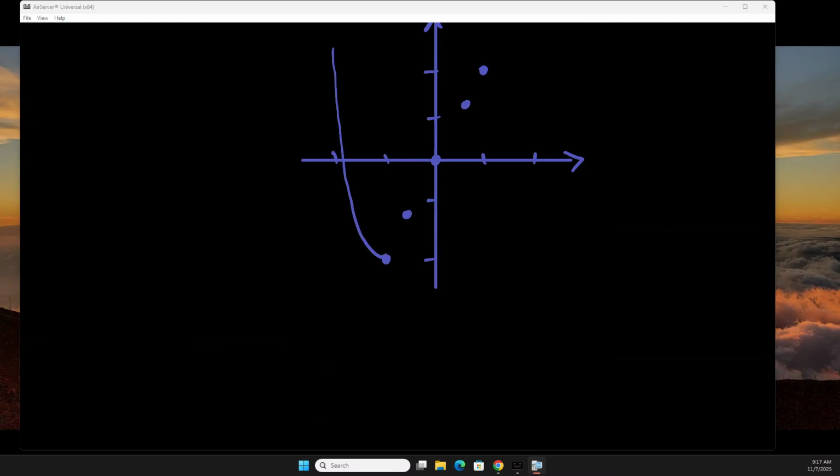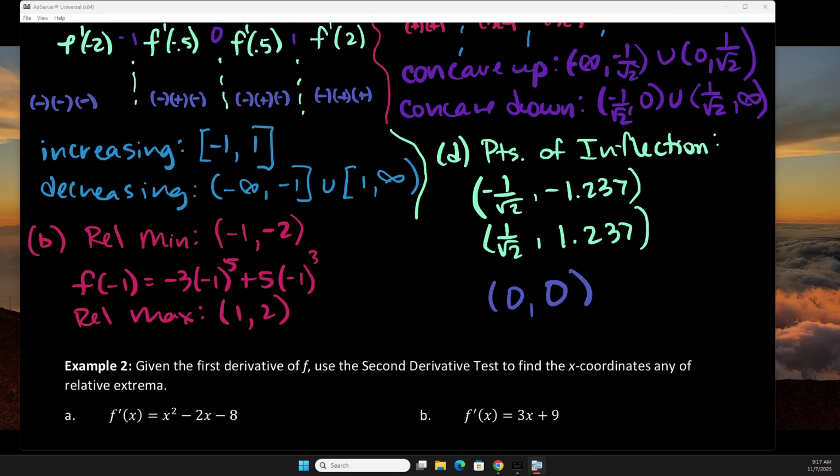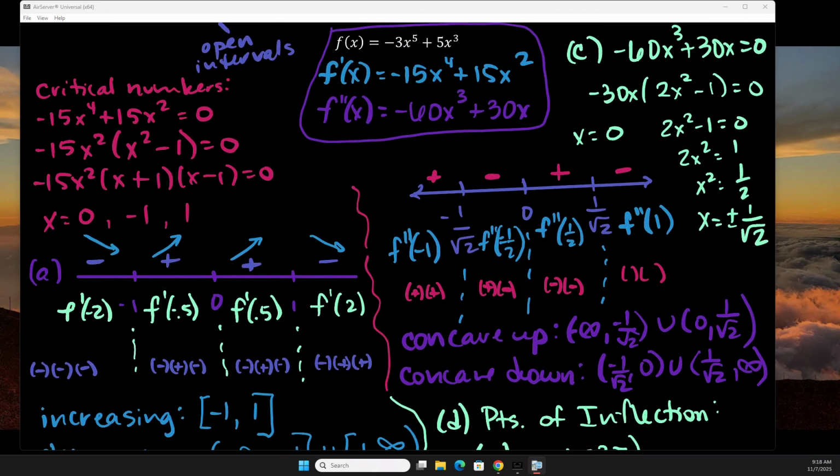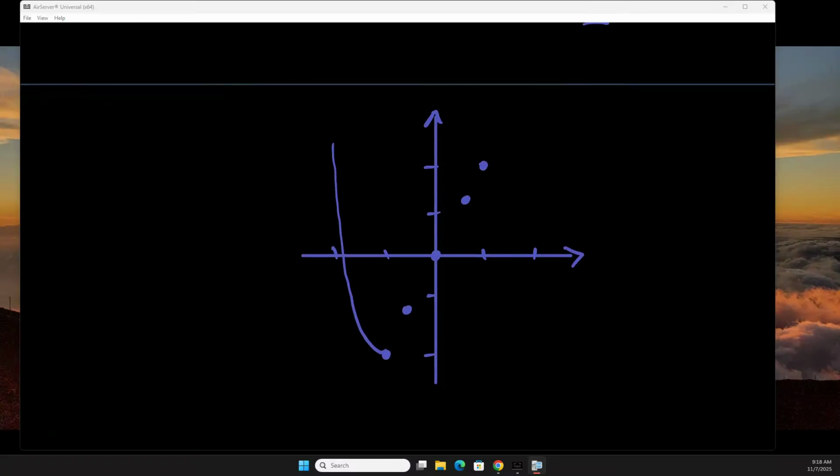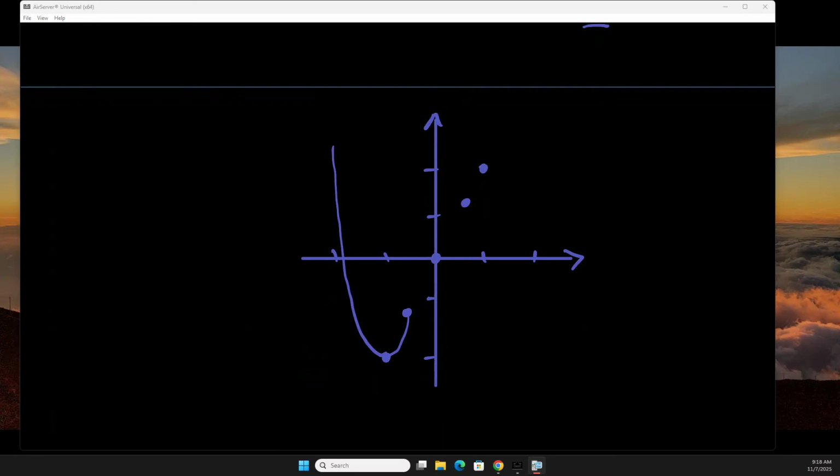So according to our other number line for the second derivative, we're concave up all the way until we get to that point of inflection. So we change over to increasing, but we're still concave up. Alright, we're going to increase all the way to the maximum here, but concavity is going to change twice. So between this point and this point, we're going to be concave down.